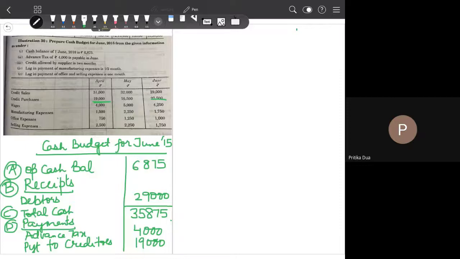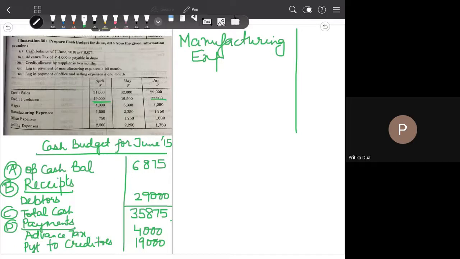Okay, next is lag in payment of manufacturing wages. Manufacturing expenses is half a month. So which means कि जून में आप 50% एक्सपेंसेस तो जून के पे करोगे और 50% एक्सपेंसेस आप मंथ ऑफ मई के पे करोगे.